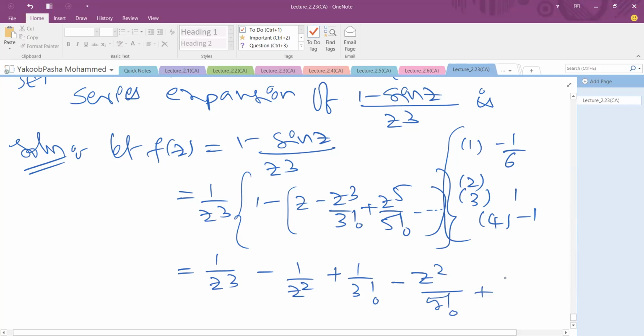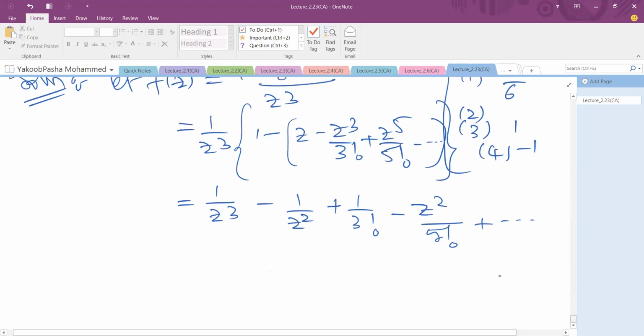We have to find the constant term. The constant term is 1 by 3 factorial, that is equal to 1 by 6.